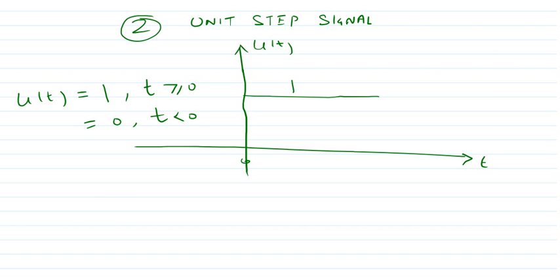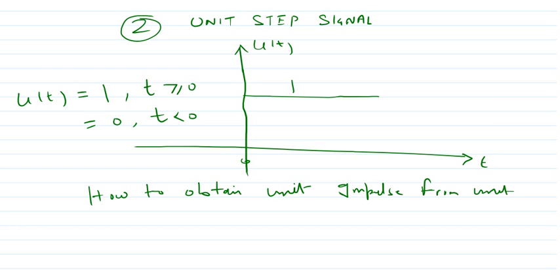So how to obtain unit impulse from unit step? Basically, if we differentiate the unit step, we will get the unit impulse.